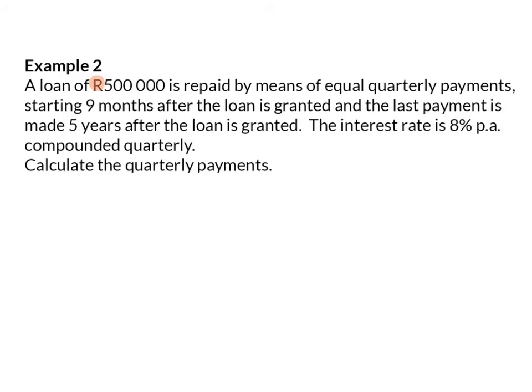Example 2. A loan of 500,000 Rand is repaid by means of equal quarterly payments, starting 9 months after the loan is granted, and the last payment is made 5 years after the loan is granted. The interest rate is 8% per annum compounded quarterly. Calculate the quarterly payments.